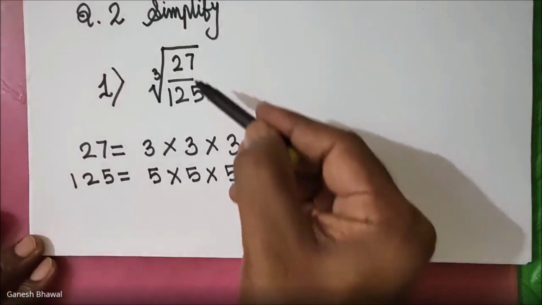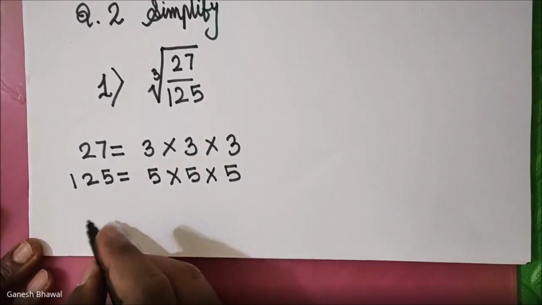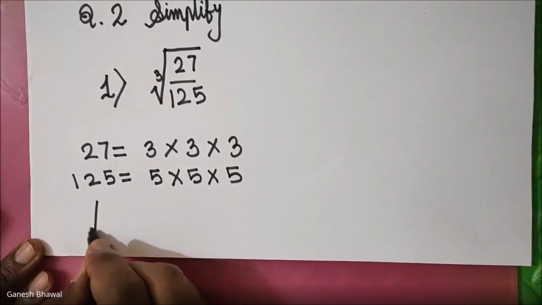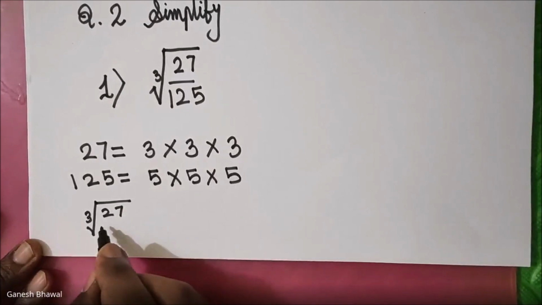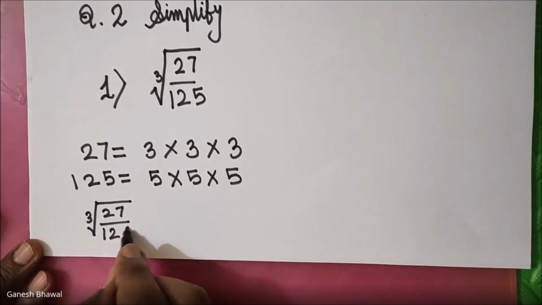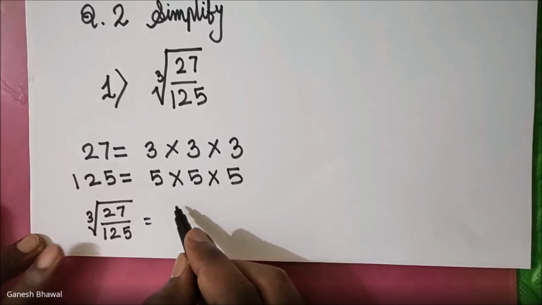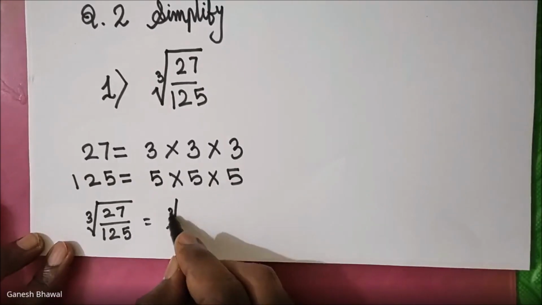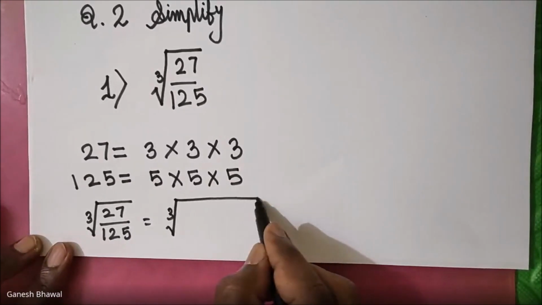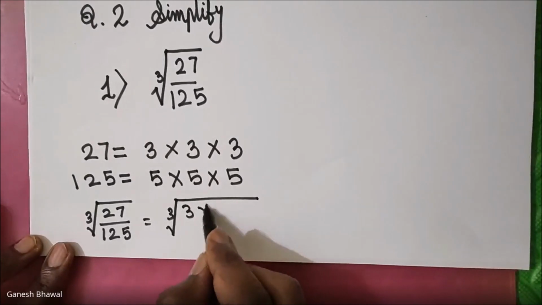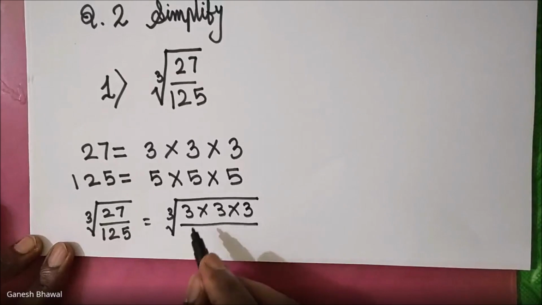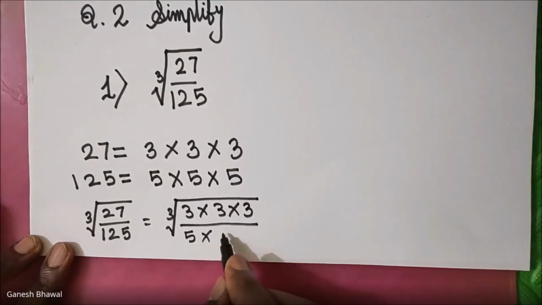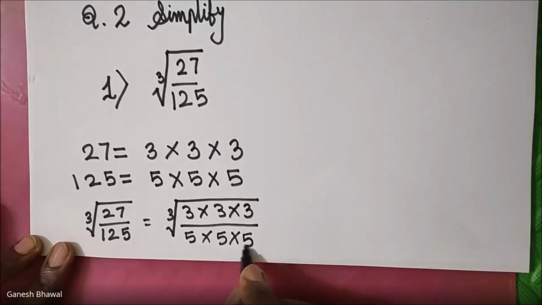What you will do now, take this question down on the left side. Under cube root, 27 upon 125 equals, under cube root, 3 into 3 into 3 upon 5 into 5 into 5.